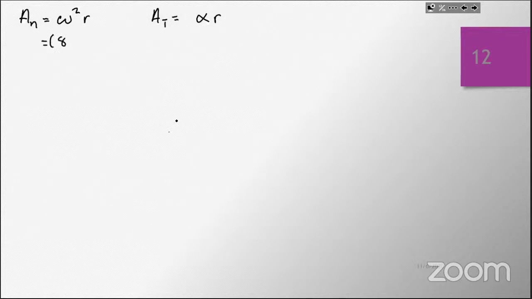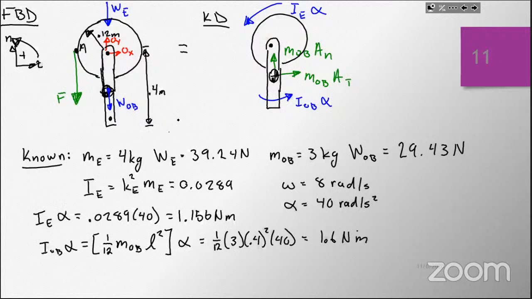This is going to be 8 squared times 0.12. Is it 0.12 though? I'm going to say that it's 0.2. And I'm going to say that this is 40 times 0.2. Why am I using 0.2? Good question. Let's go back here for a second.